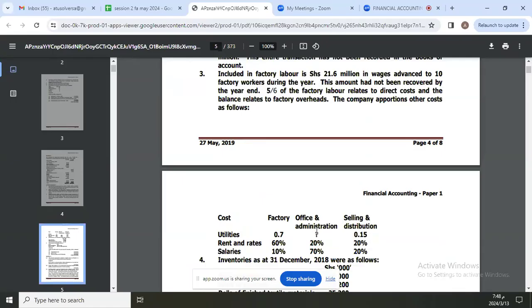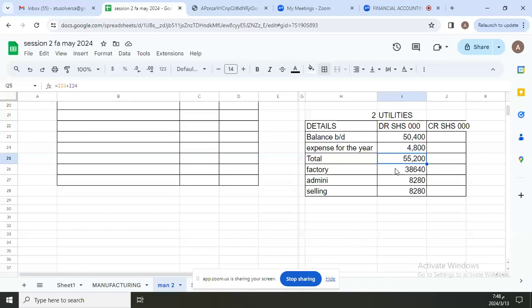When you get 1 on your calculator minus 0.85, you will get what? 0.15 still here. Hope I'm clear there. Okay, so in our workings, we said get 0.7 times this one, 0.15 times this one, 0.15 times this one to get these values. Yes. Thank you. You're welcome.